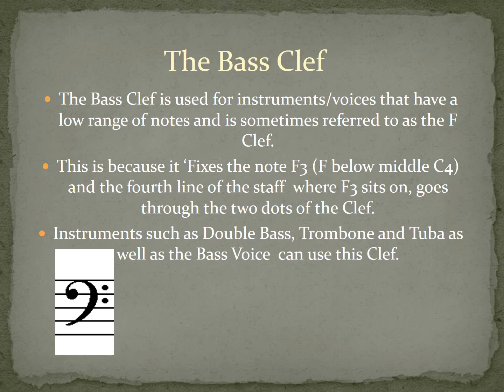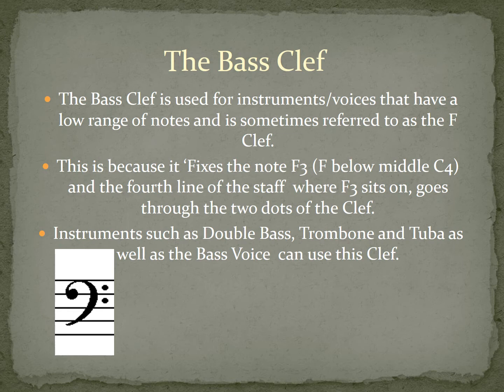And the last of the four, the bass clef. Again, you might have seen this clef and used it. The bass clef is used for instruments or voices that have a low range of notes and is sometimes referred to as the F clef. Now, similar to the others, this is because it fixes the note F3. F3 is the F just below middle C, or C4.